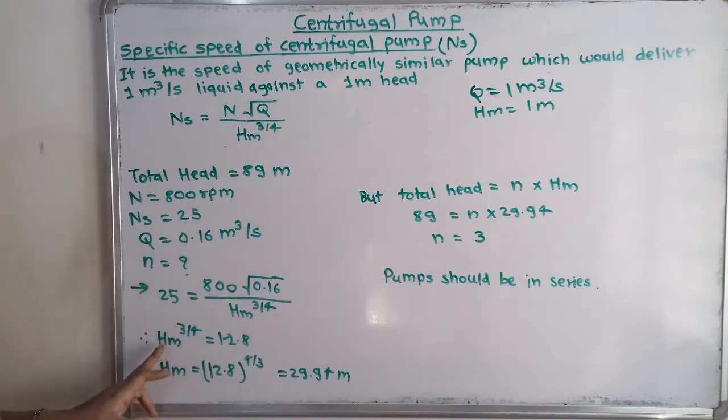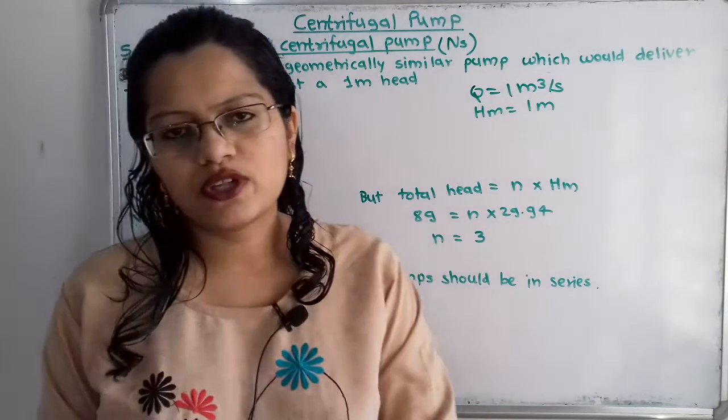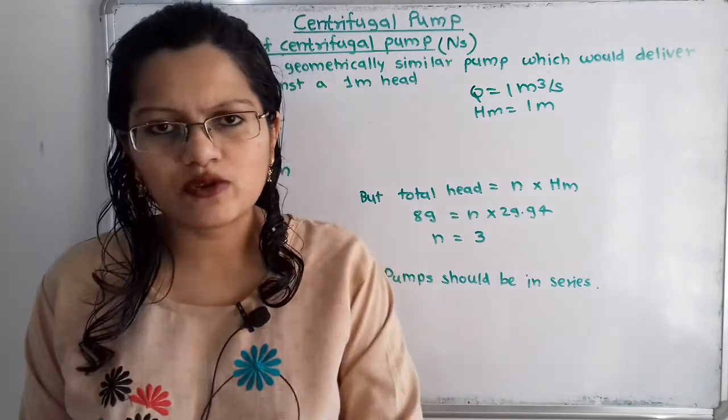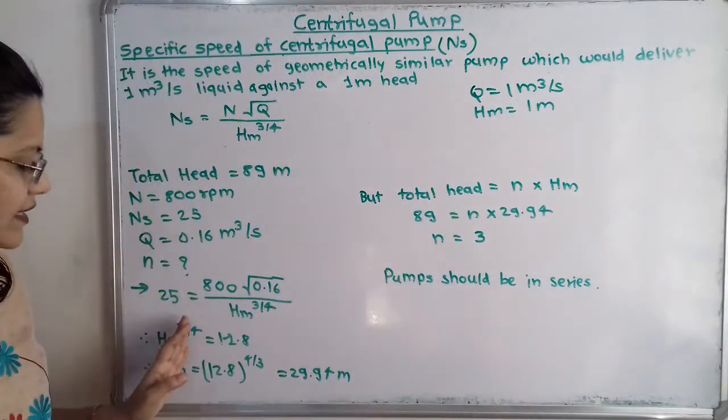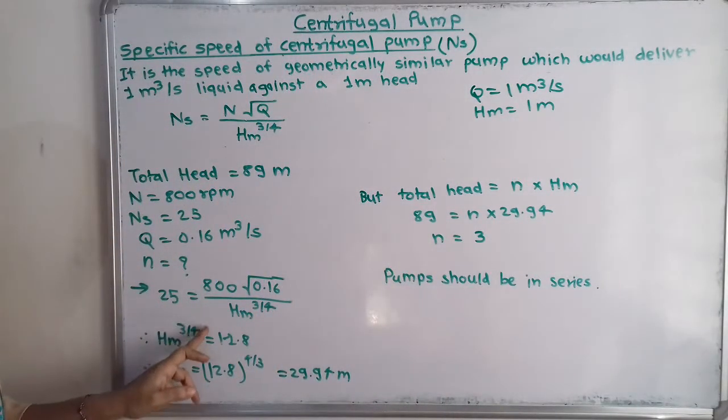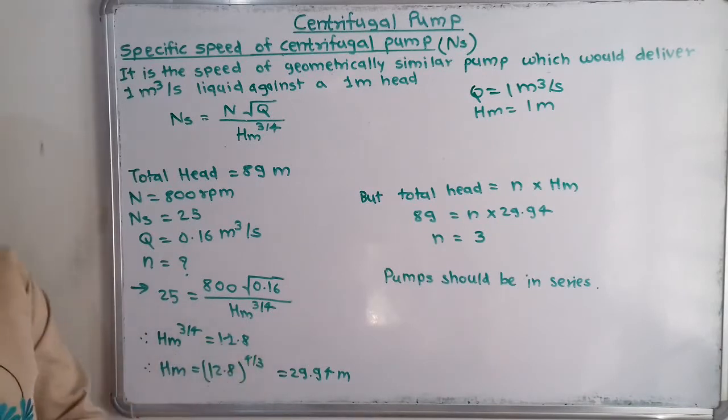If I solve this, I get Hm raised to 3 by 4 is equal to 12.8. Now I have to find the value of Hm. On both sides, if I multiply by 4 by 3, then 4 by 3 into 3 by 4 will be 1. So Hm raised to 1 is equal to 12.8 raised to 4 by 3.